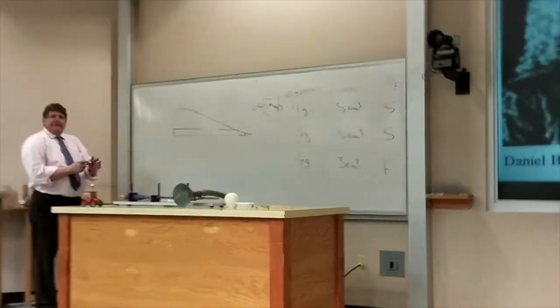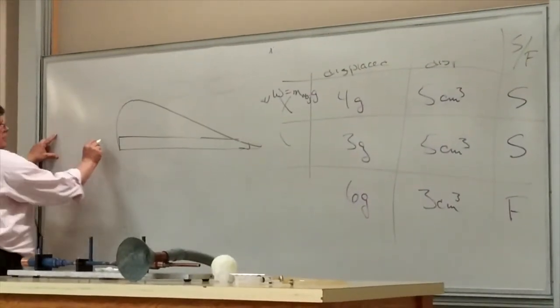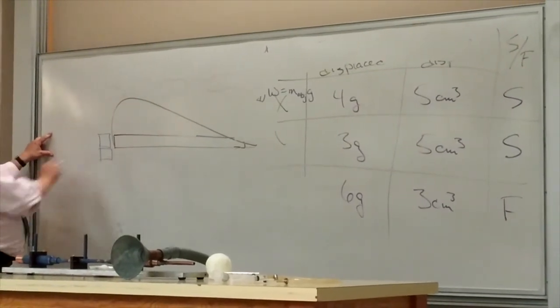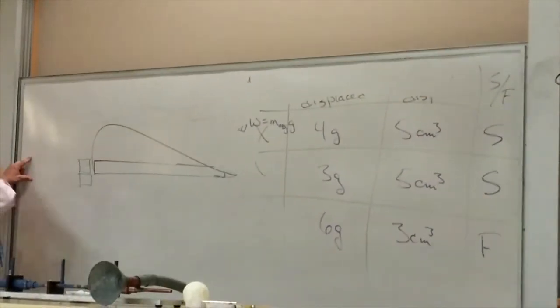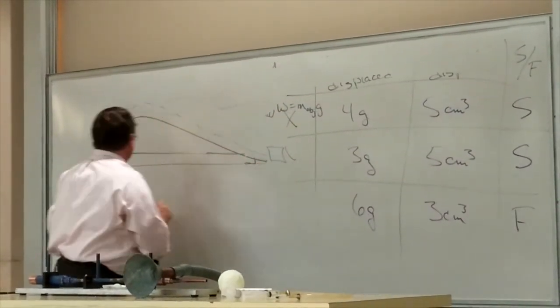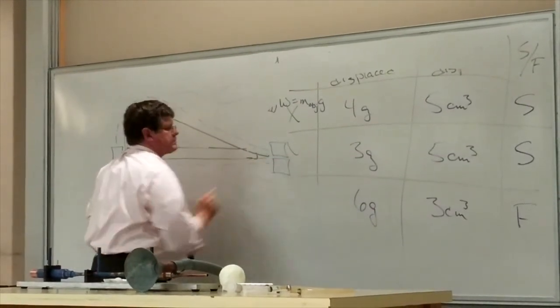And if I think of that airfoil slicing through the air, let's look at two chunks of air. Well, this chunk of air, as the wing goes past it, it will end up here. And this chunk of air will end up here.